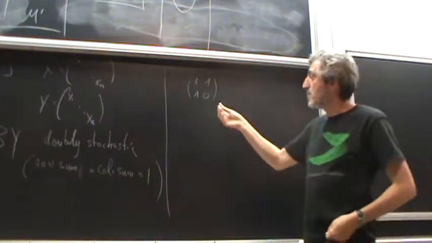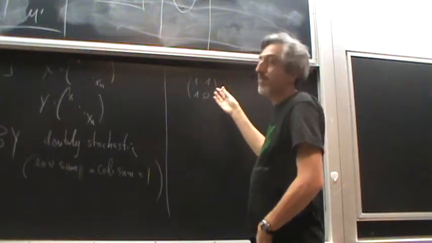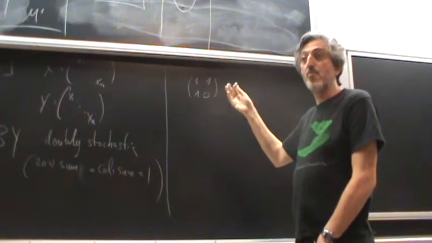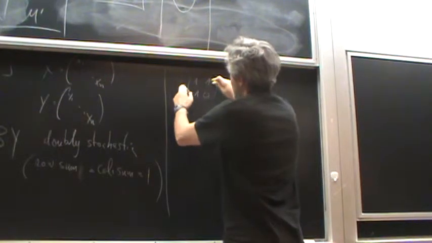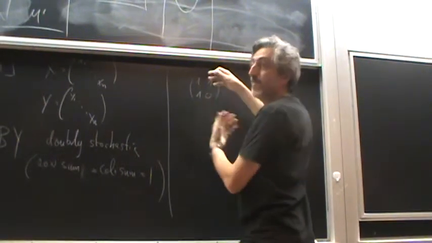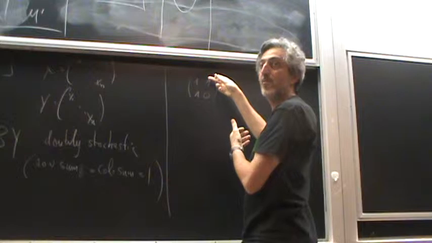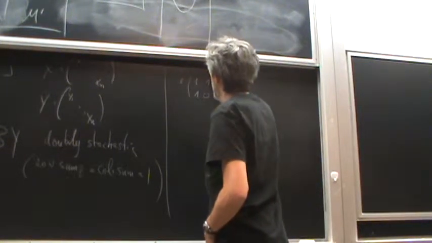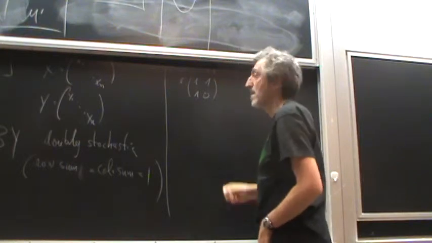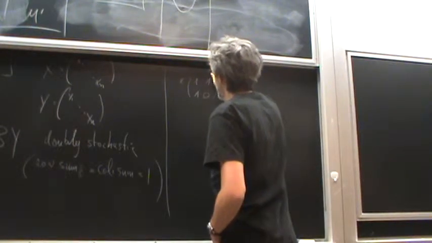Okay, why can't you do it? Because if you want row sums and column sums to be 1, it's clear that, this is 1 and 0. This will have to remain 1 after the scaling. So if you put epsilon here, you have to put 1 minus epsilon here, 1 over epsilon here, right?